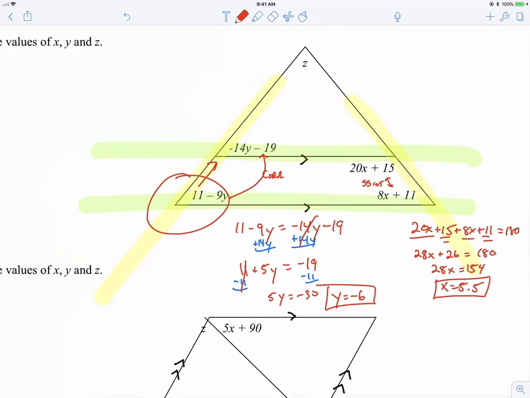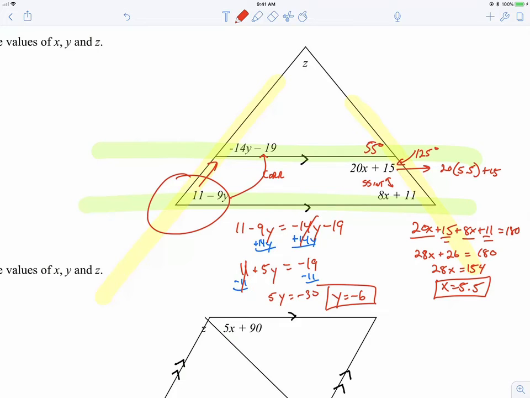So now when I plug this stuff back in, I can get these angles. If I plug 5.5 into the 20x plus 15, I get 20 times 5.5 plus 15. So that's going to be 125. So that angle here is 125 degrees. If I do a linear pair with that, I get 55 degrees here.